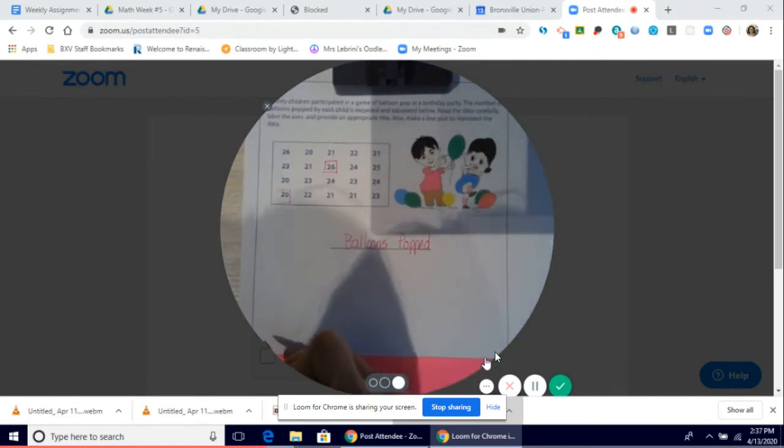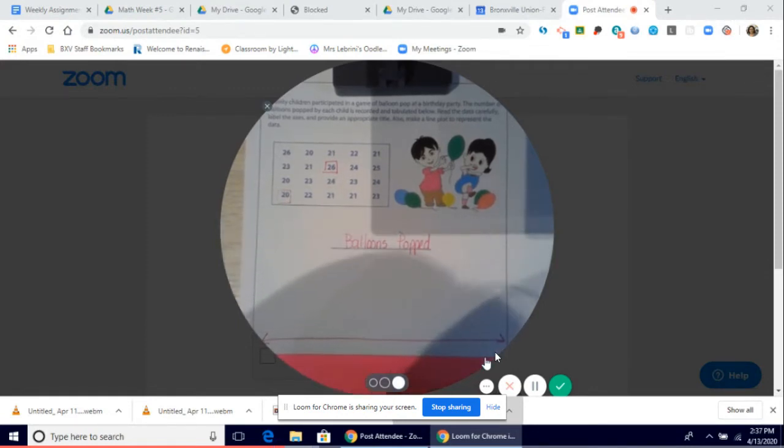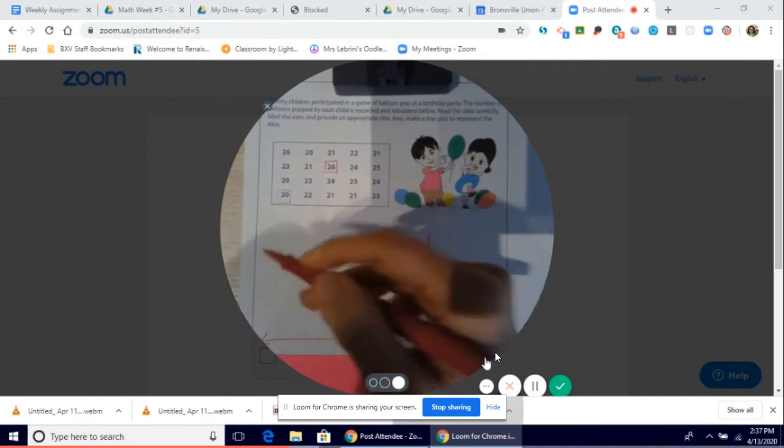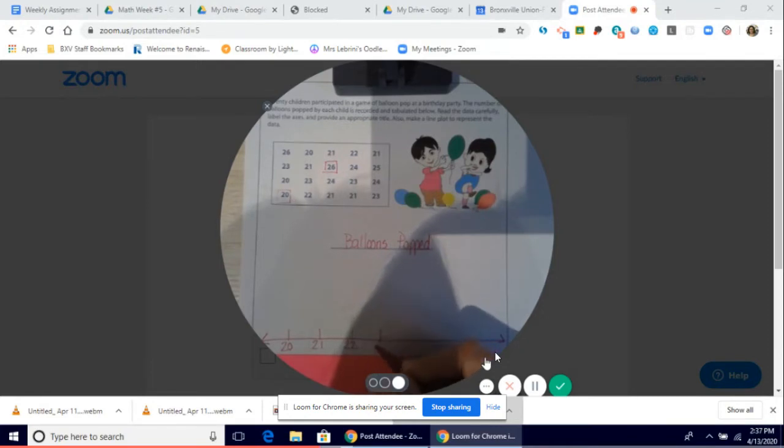So I'm going to draw my line plot. Again, I'm going to draw a line that looks like a number line. And I want to make a tick mark for each number. So we have a 20. We have a 21. We want to do the whole range. A 22. A 23. A 24.